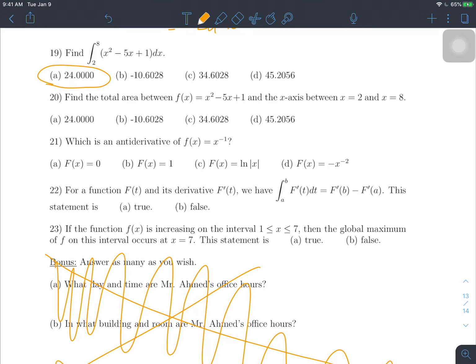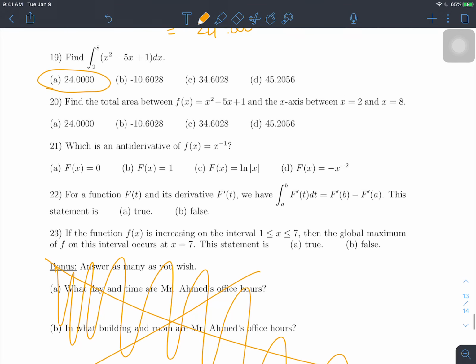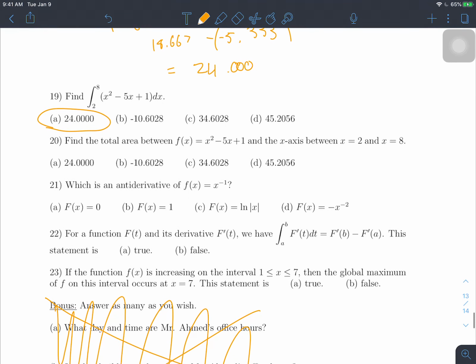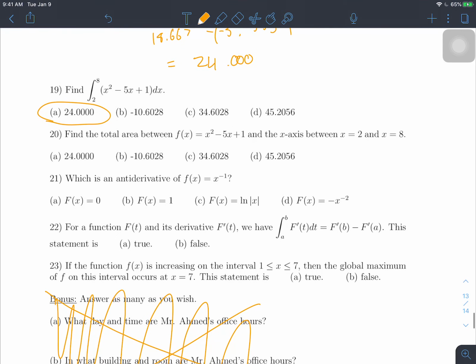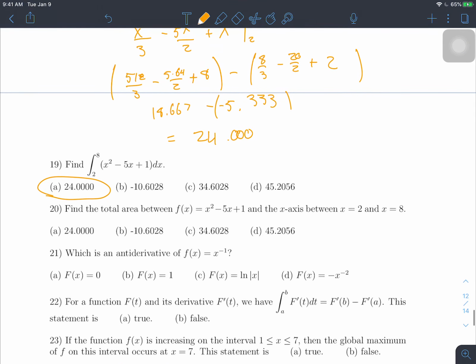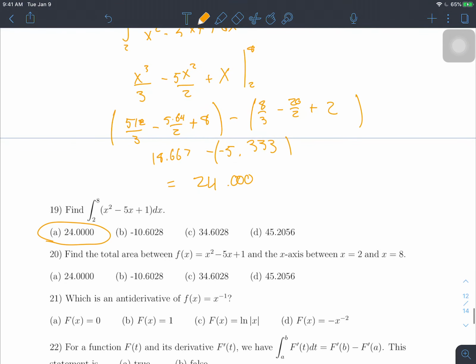So number 20, we want to find the total area between this curve f of x equals x squared minus 5x plus 1 and the x-axis between x equals 2 and x equals 8.